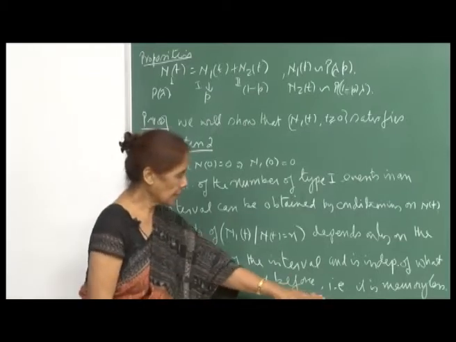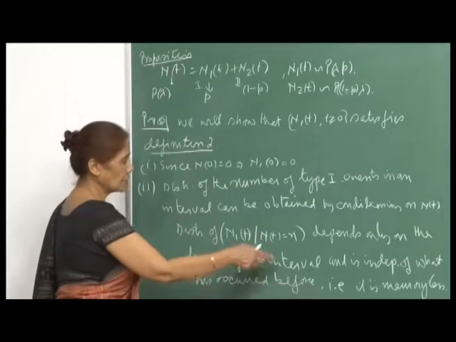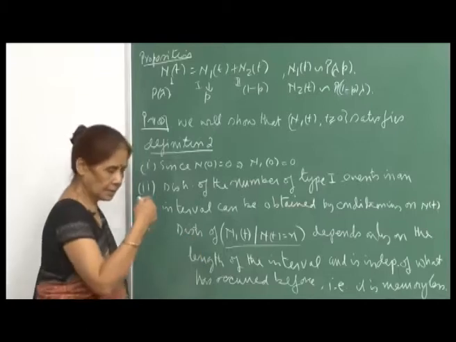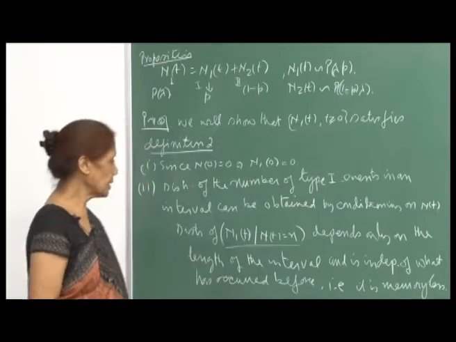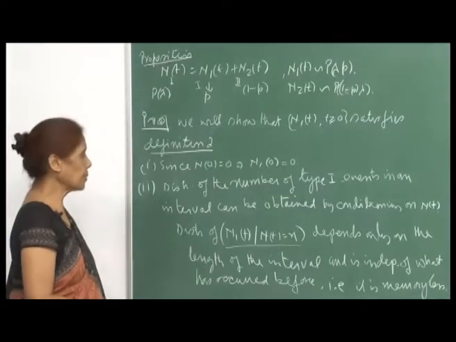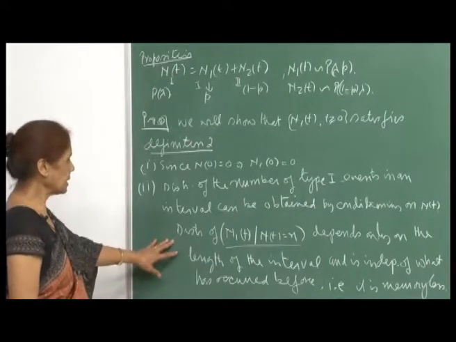So, they are memoryless. By conditioning you do not change the independent increment property and the stationary increment property. Therefore, N1(t) satisfies both.